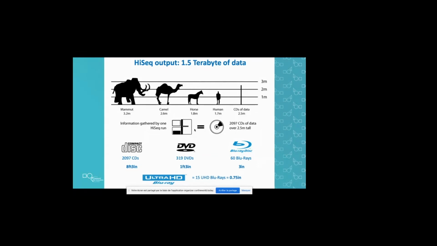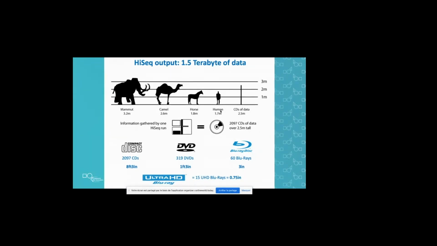So to illustrate, the data gathered by one HiSeq run needs about 2,097 CDs to store this data. And if we put these CDs on top of each other, we will have a height of 2.5 meters. So fortunately, we don't store NGS data in CDs.